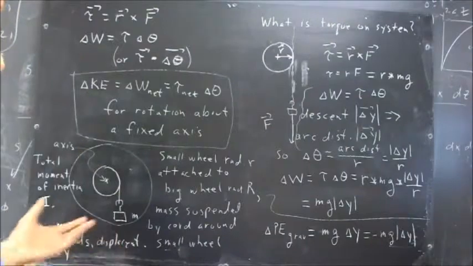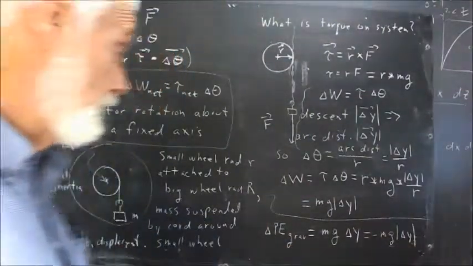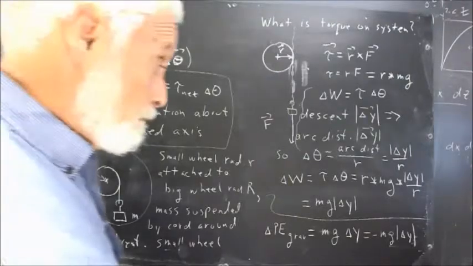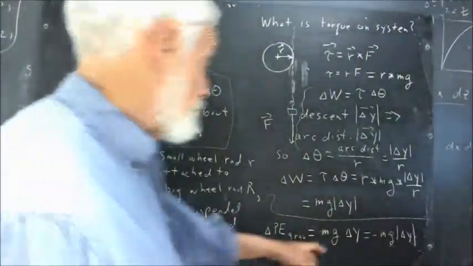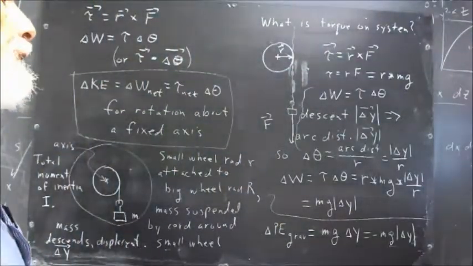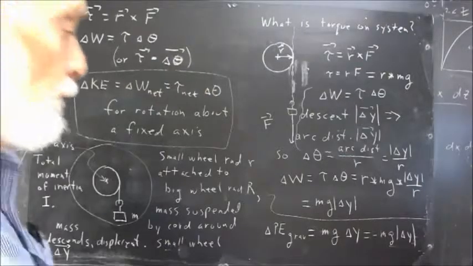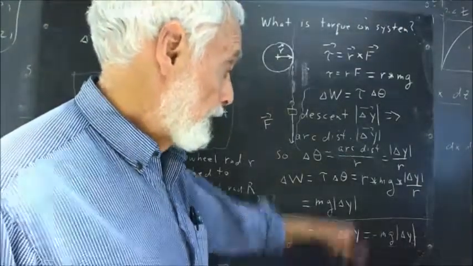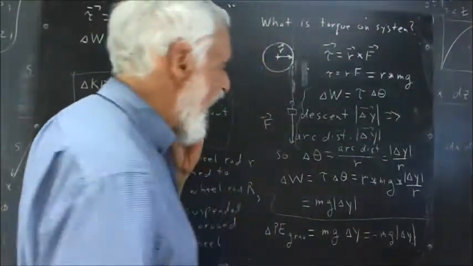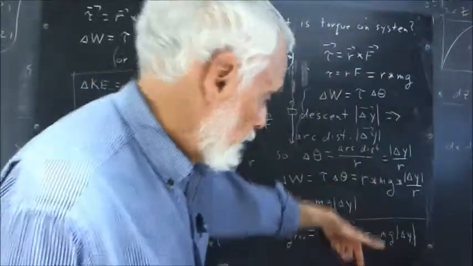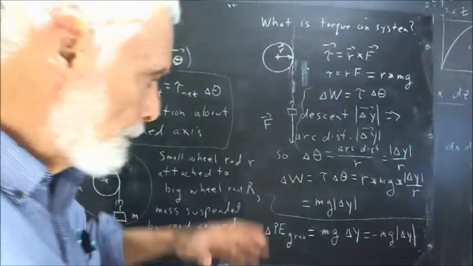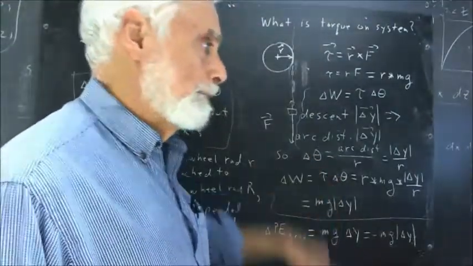Now we also have the change in potential energy, the gravitational potential energy. What's that? Well, we know that that's just mg times delta y, so that delta y being a negative displacement and the force of gravity being in the direction of a negative displacement, the work done by gravity on the mass is positive.